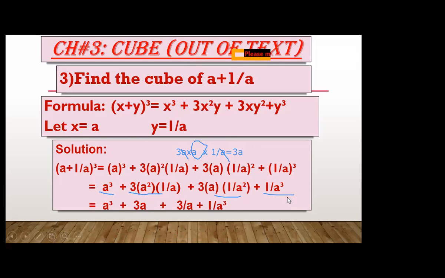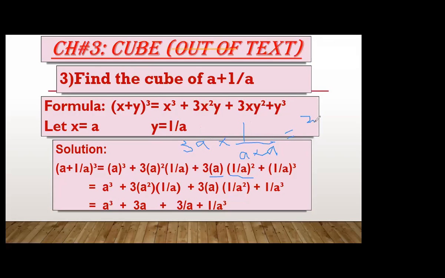Okay, first term and the last term will be written as it is. The second term is going to be 3a. Now what about the third term? Beta, third term, let's solve it together. The third term is 3a into 1 over a square. That means 3a multiplied with 1 over a square, which means a is multiplying twice in the denominator, right?